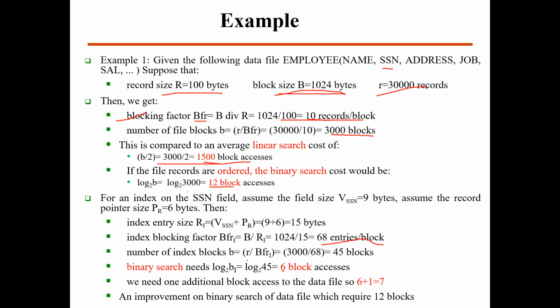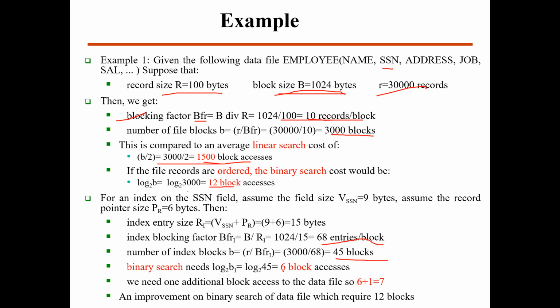Number of index blocks B_I is equal to R, the number of records, divided by BFR_I. So it's 3000 blocks divided by BFR of I, which is 68. Now you have only 45 blocks to search inside the primary index.